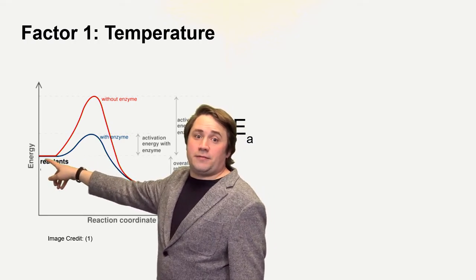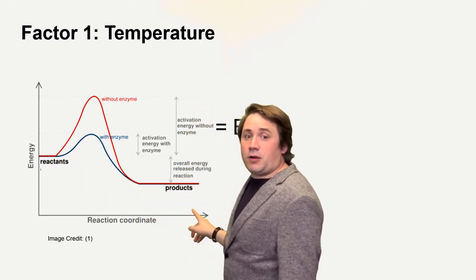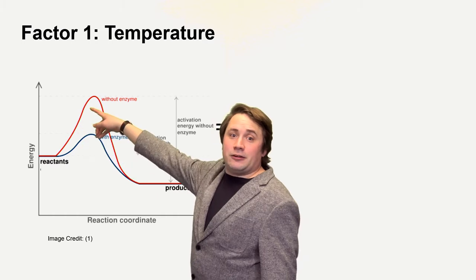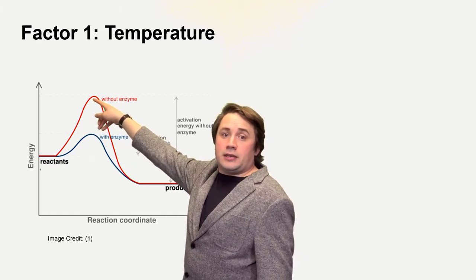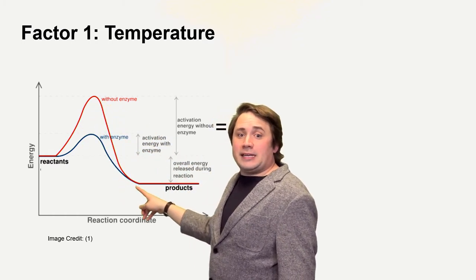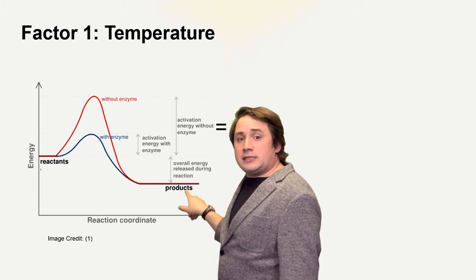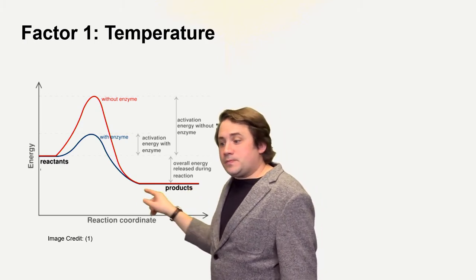And in order to proceed from the state of reactants to products, they need to gain energy first. So gain energy before then coming back down and releasing energy as they become products.